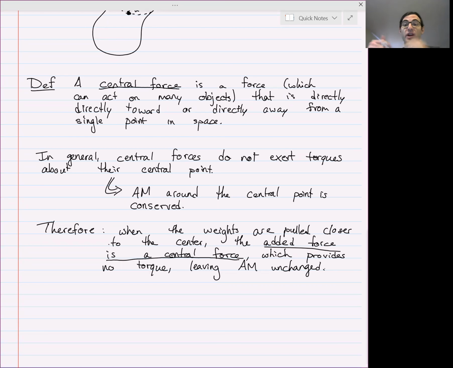And the implication there is that because the angular momentum is conserved, it doesn't change, and angular momentum is moment of inertia times angular velocity. If the moment of inertia goes down, which is what I did, the angular velocity has to go up. And that's why I sped up when I pulled in the weights closer to my body. All right, so I'm going to end it here. We're going to continue talking about this next time.